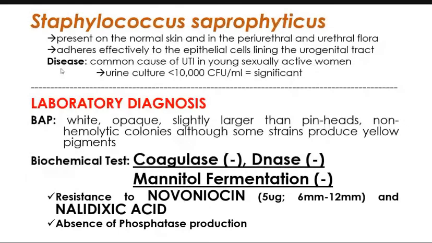Saprophyticus is the causative agent of UTI, a common cause of UTI in young sexually active women.